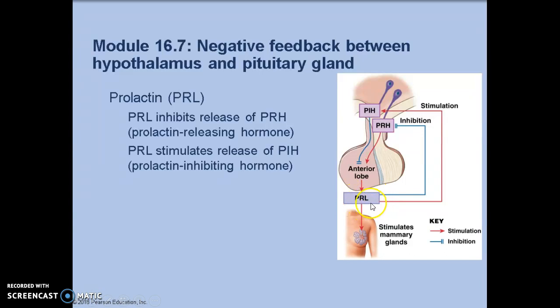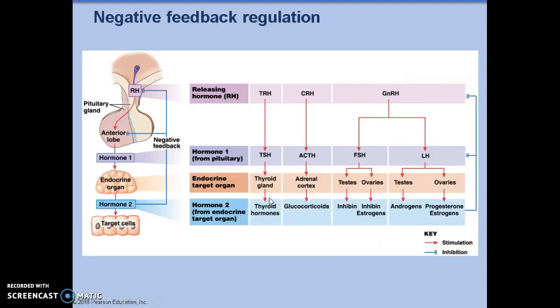So once you've got your prolactin that has acted on the mammary glands to stimulate milk production, and enough has been released, then it will, through negative feedback, shut off the releasing hormone and stimulate the inhibiting hormone. And this shows all of these systems that are regulated by negative feedback.